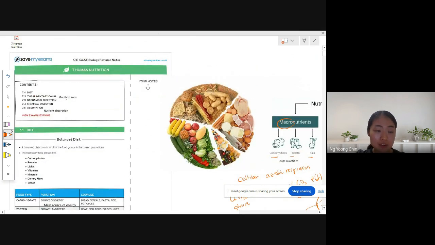In this chapter, we are going to learn about diets. What is a balanced diet? As humans, we need to gain nutrients to supply our body cells. That's why we need balanced nutrition. Then we learn about the structure of the alimentary canal. So what is meant by the alimentary canal?